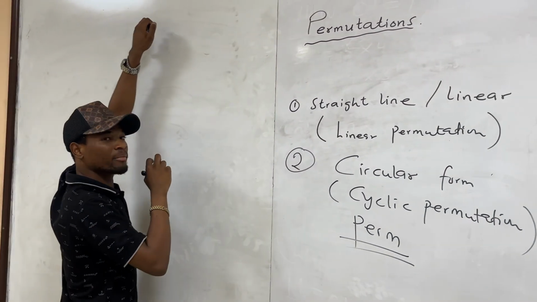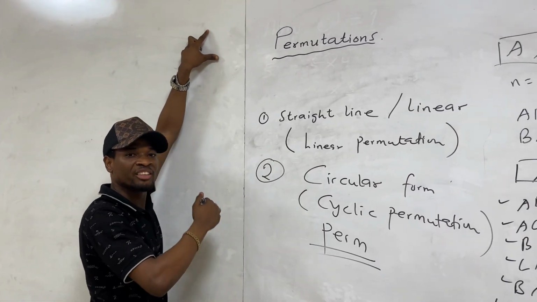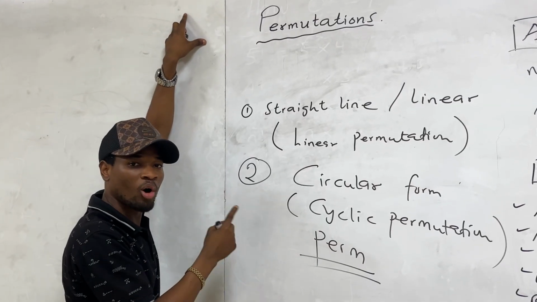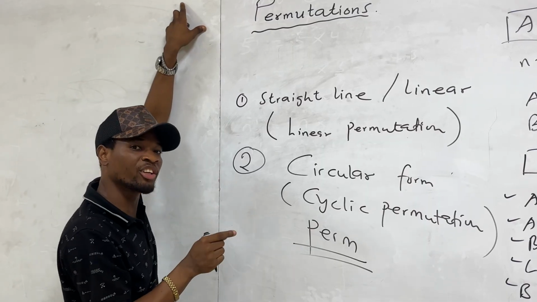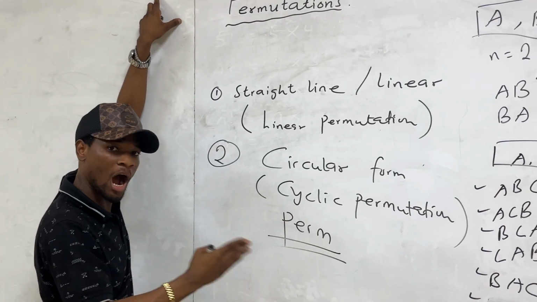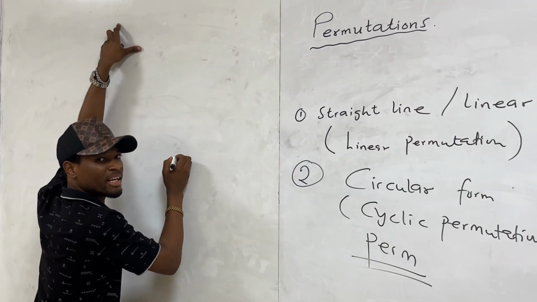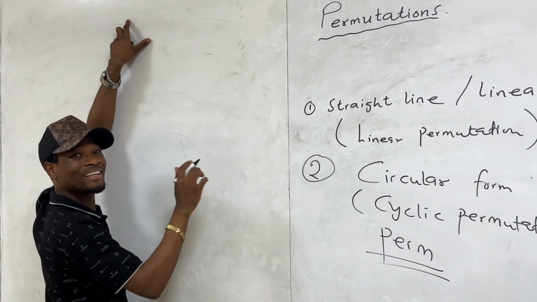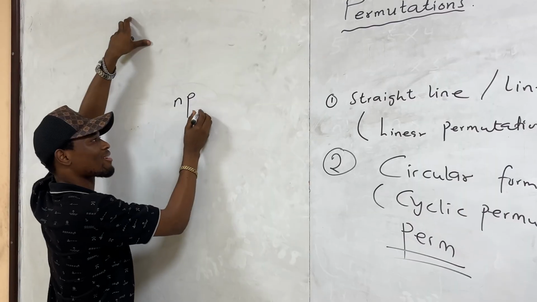So now the permutation: we are arranging items in a given order, in a straight line, taking into account the order. How they are arranged matters to us. So the number of ways to arrange objects in a straight line is given by n permutation r.